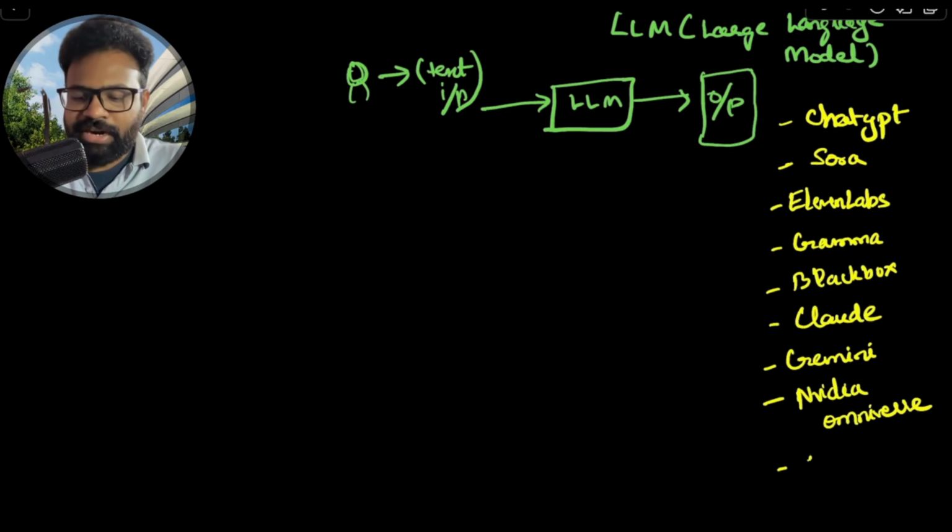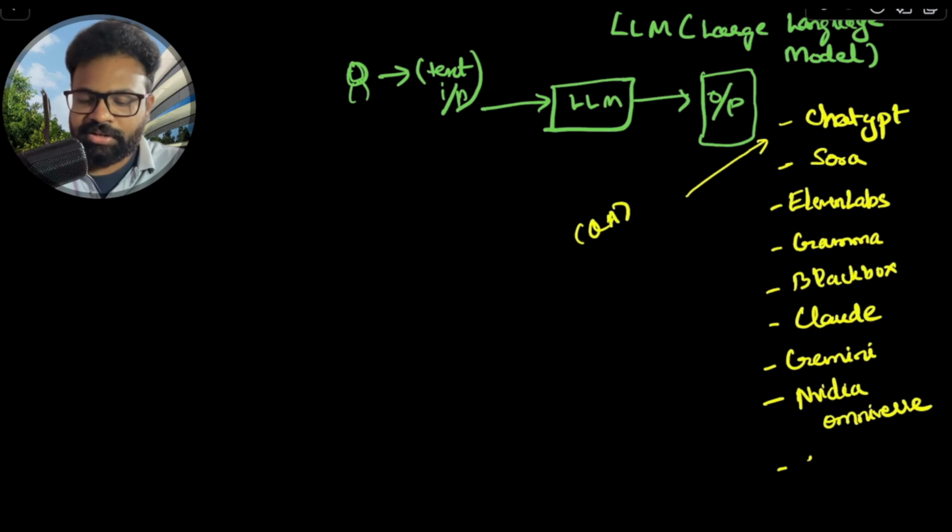Say for example, ChatGPT can give you an answer to whatever query you give. If you have any doubts about any concept, you can just put it into ChatGPT and it will give you the answer, like questions and answers. Sora is also part of OpenAI, because ChatGPT and Sora are both part of the OpenAI company.